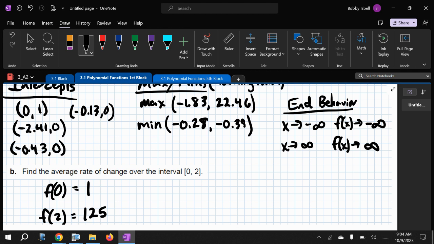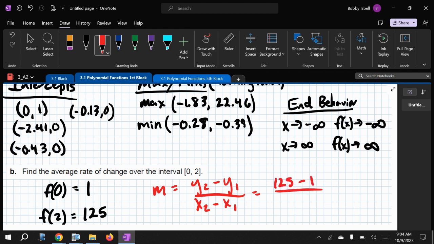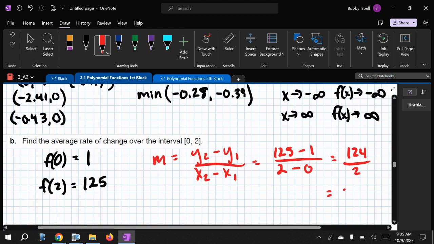Now, what do we do to find an average rate of change? Slope formula. y2 minus y1 over x2 minus x1. So 125 minus 1 over 2 minus 0. 124 over 2 is 62.